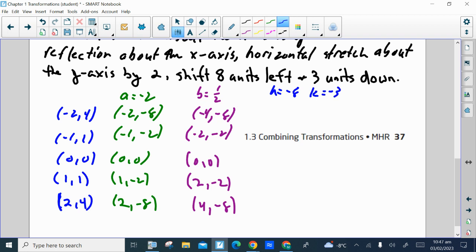So I'll do these simultaneously. Starting with the h values of -8, I'll have to subtract 8 from all the x values. And now that 0, 0 will now change. Subtracting 8 from all the x values and subtracting 3 from all the y values.